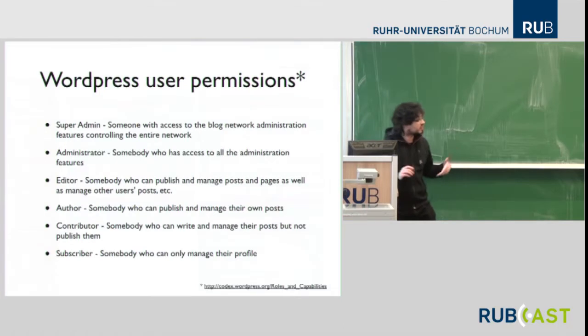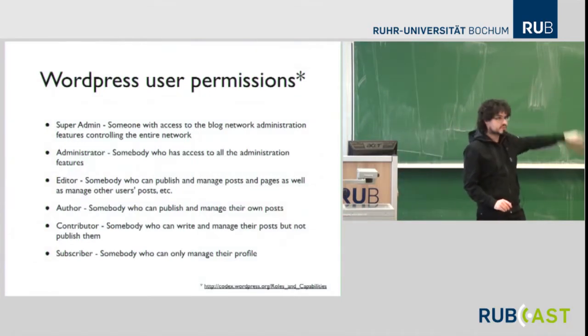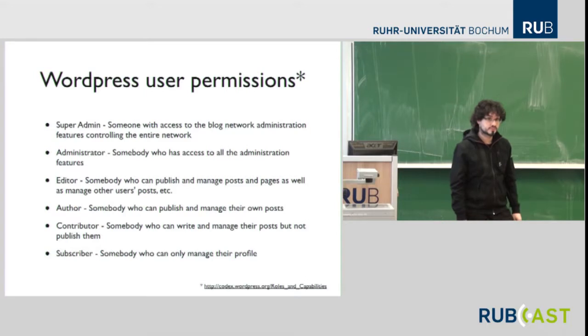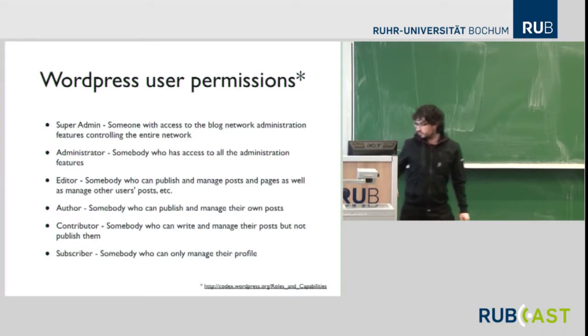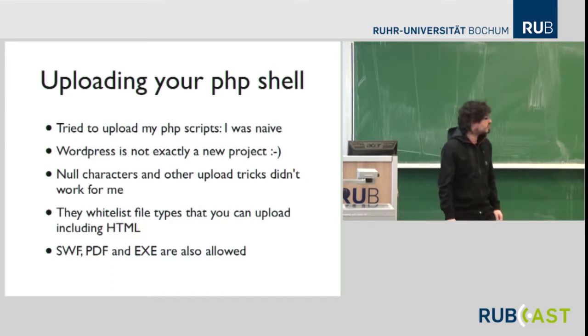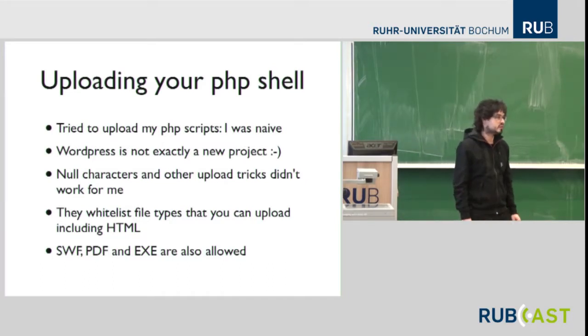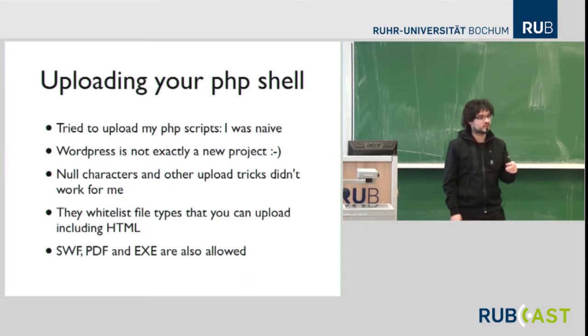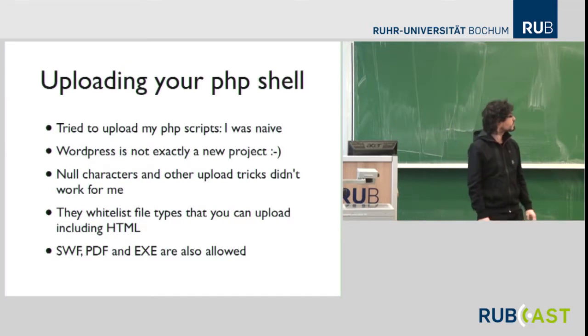They have various types of accounts, and I was in the middle lower band. I had author permissions. However, you can upload media and images and so on. This feature is for uploading images and then adding them to your blog post.